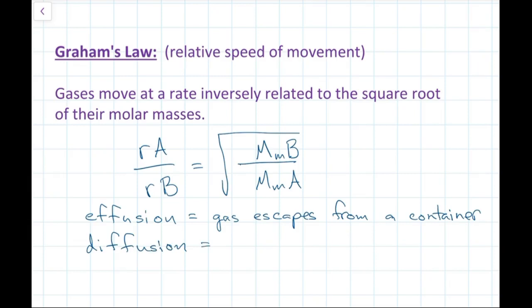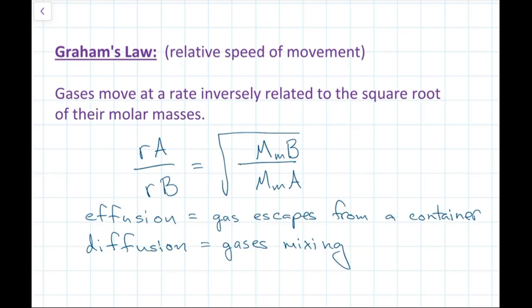So diffusion is simply gases mixing with one another. So you've already got some gases in the room, you spray some perfume, and then the perfume evaporates, and that gas diffuses and mixes with the other gases in the room. And the rate, of course, depends on its size.